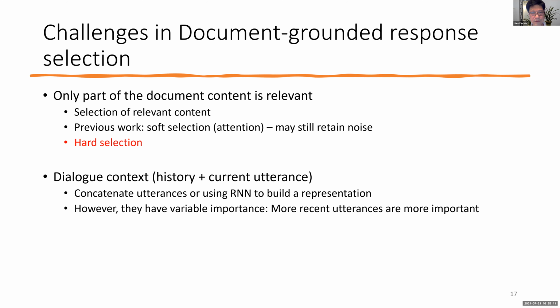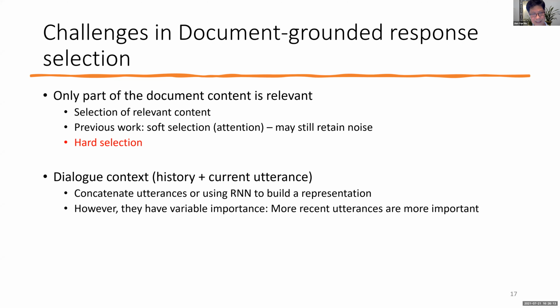So what we try to do is to process a hard selection instead of just weighting the different sentences; we will just select a small number of sentences. And the second problem is that in the previous studies, we typically just consider the whole history and the current utterance as a whole. So we don't necessarily have a weighting of their importance.